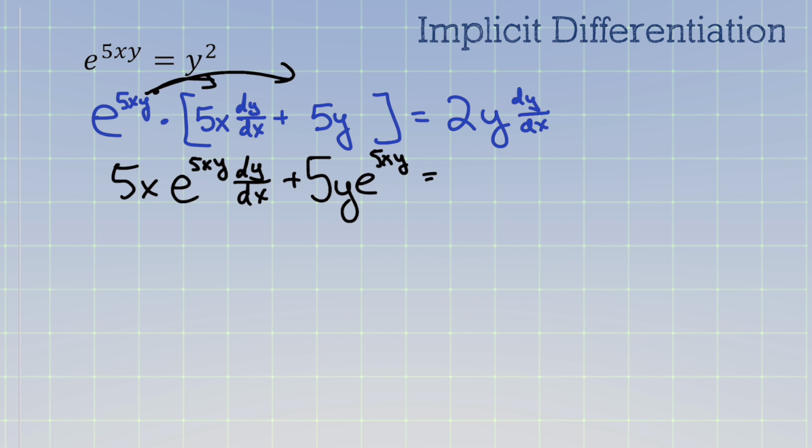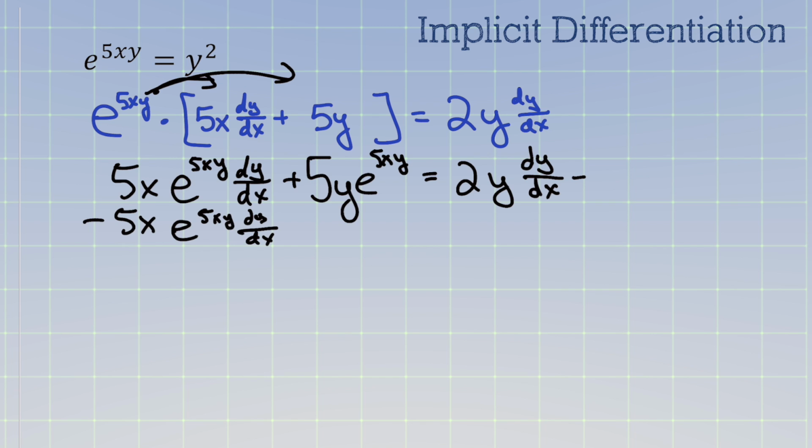And I'll rewrite the right side. So we have two dy dx's floating around in this problem, so we're going to bunch them all together on one side. So I think I'm going to subtract 5x e to the 5xy dy dx from both sides, I'll just write it off to the side right here, try to save a little bit of time. e to the 5xy dy dx.